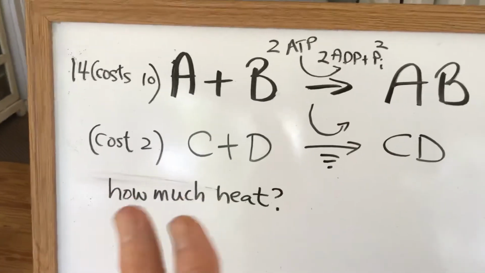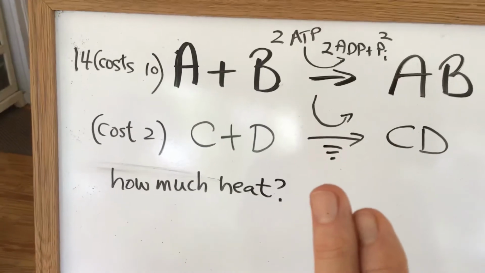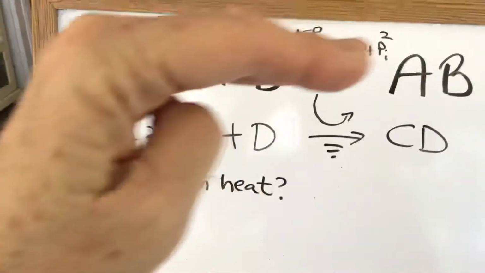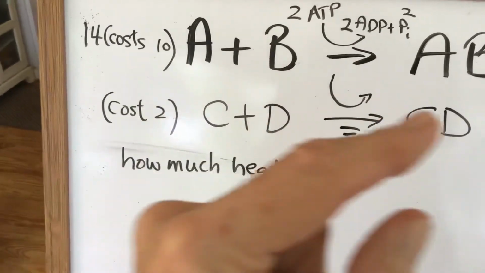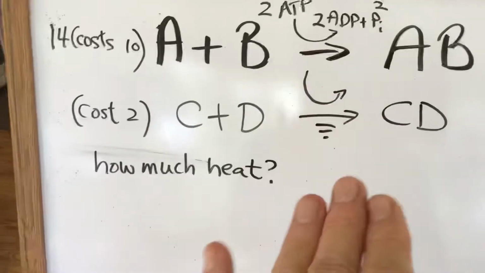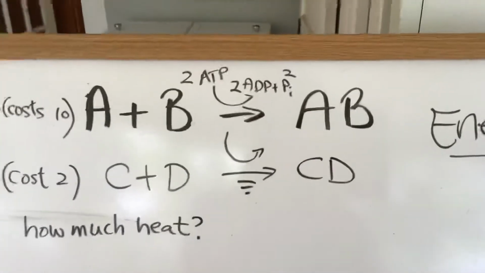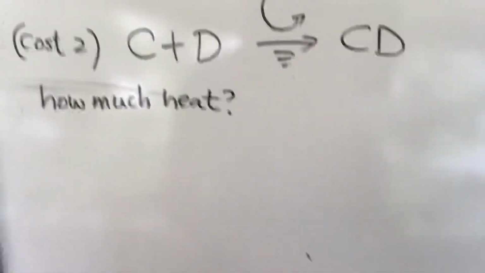So I'm going to have how much heat left over? And if you got the answer of 2, you're good to go, right? That is, I had 10 going into this one. I had 4 left over. This one costs 2, and that leaves 2 coming off as heat. So the coupled reaction still makes heat. All right, so that's an important thing to know.